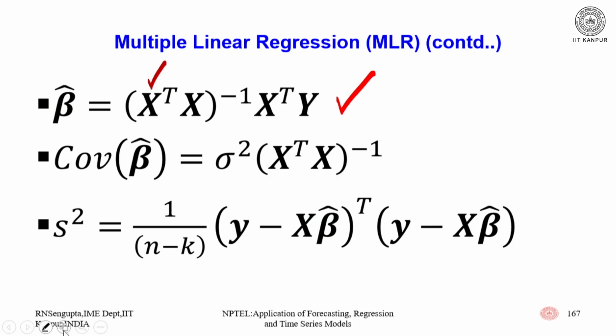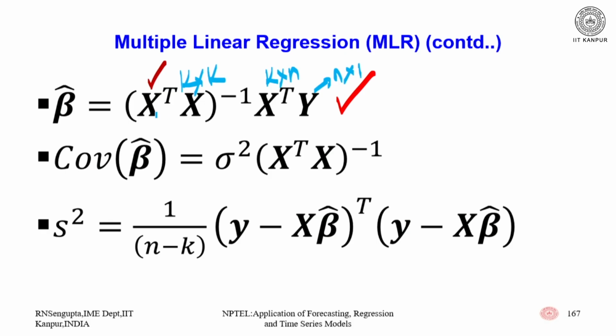And as I was talking about the dimension part, the dimension of y is n cross 1, x transpose is k cross n, and the dimension of x transpose x is given by k cross k.